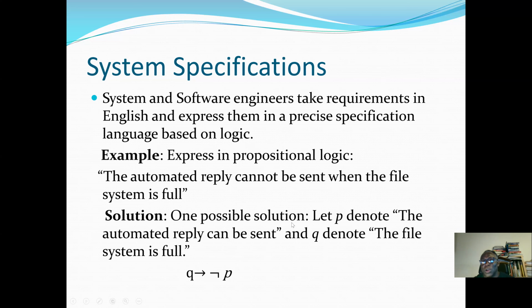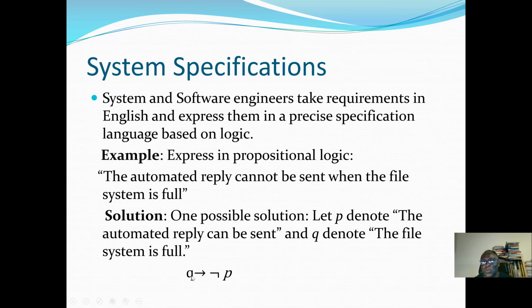The reason why we are representing P as can be sent is because not is negation. So we can have not P. If P is the automated reply can be sent, then negating P will be the automated reply cannot be sent. So that's why we can see our propositional logic expression here. Q means when the file is full.